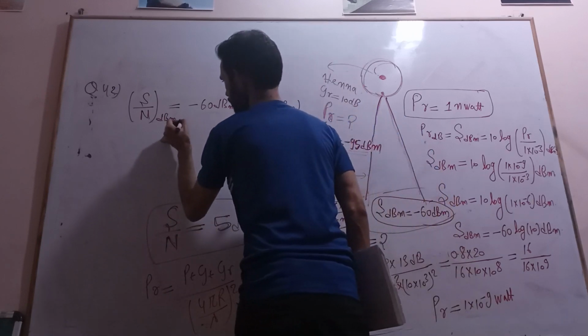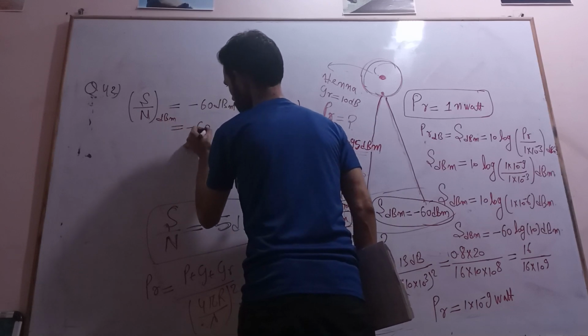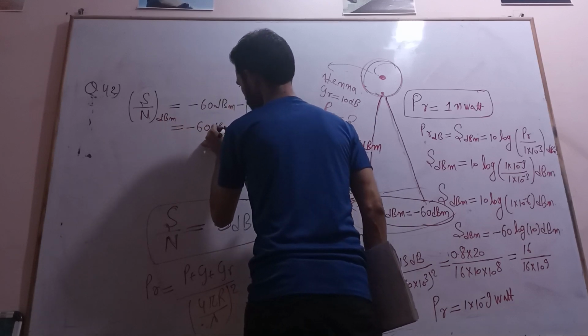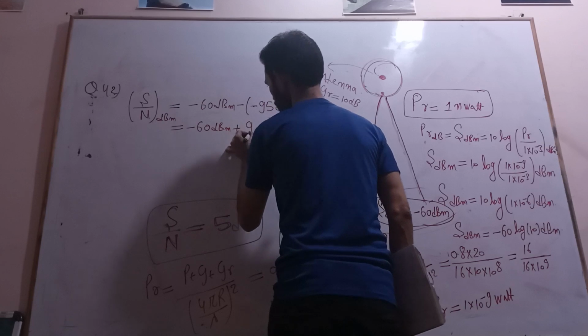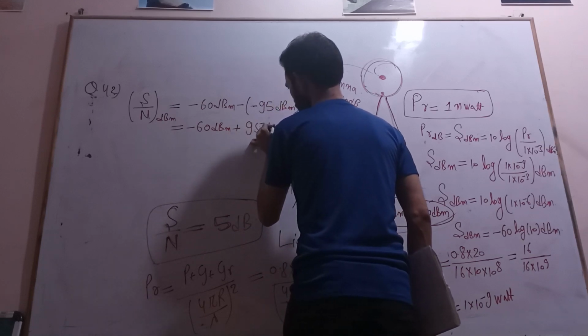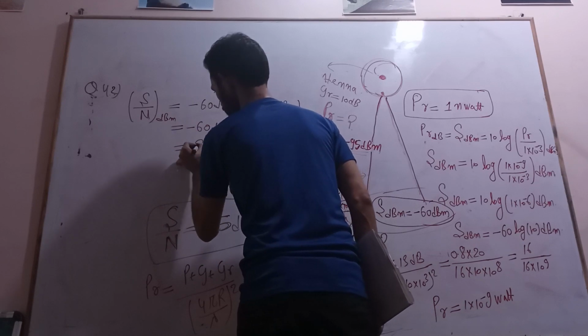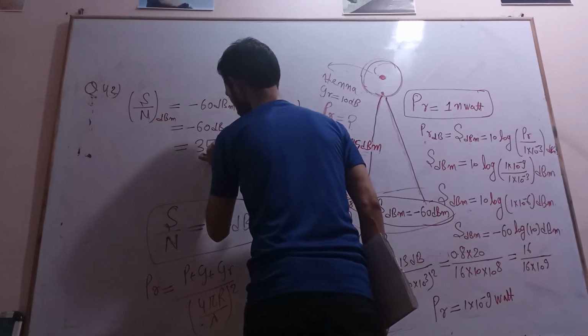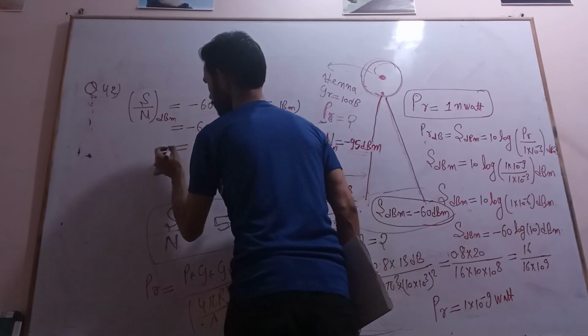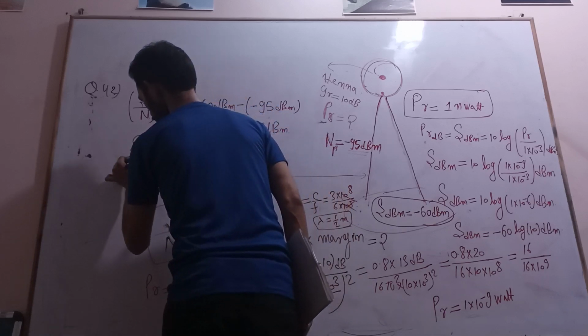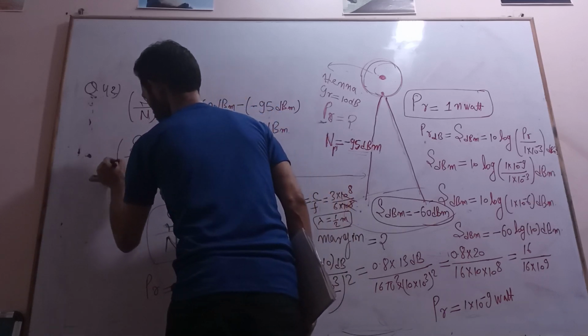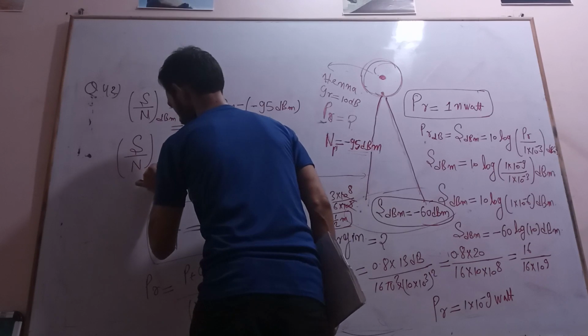So this is minus 60 dBm plus 95 dBm, which is nothing but equal to 35 dBm. Yes, 35. So this is my signal to noise ratio.